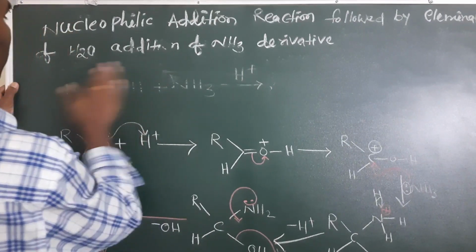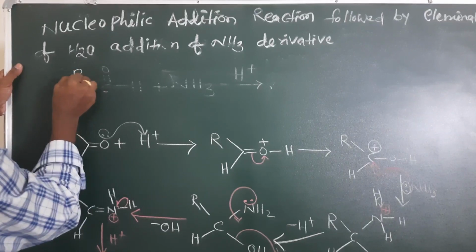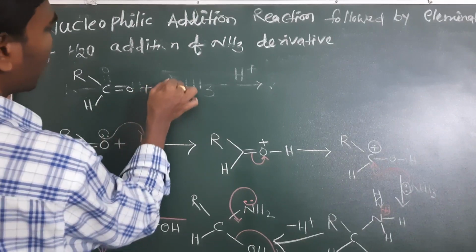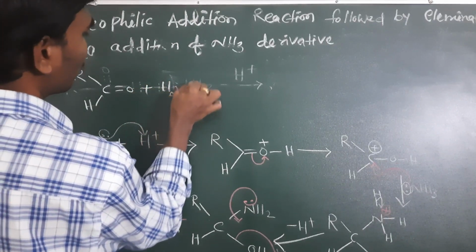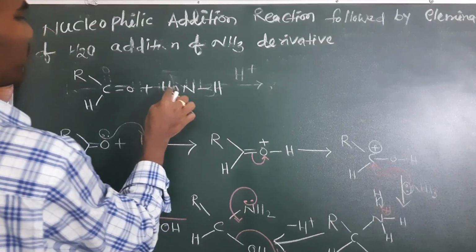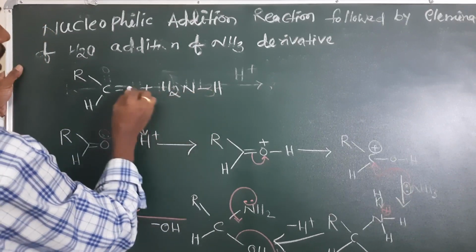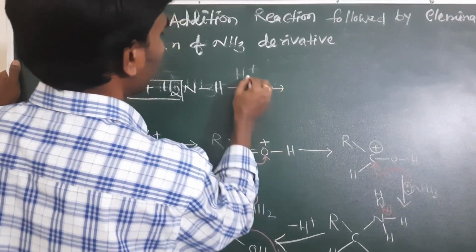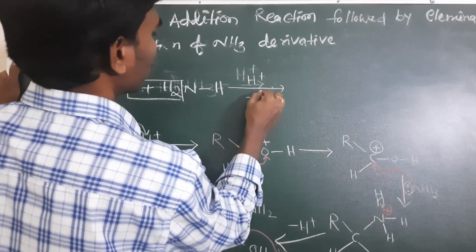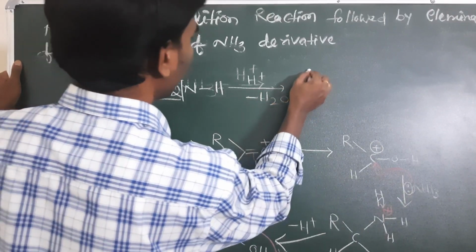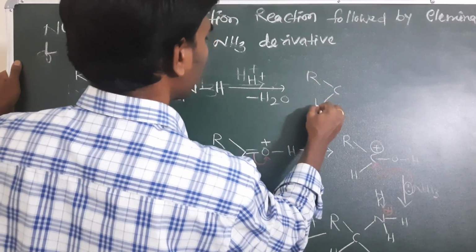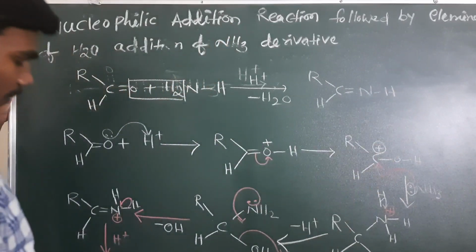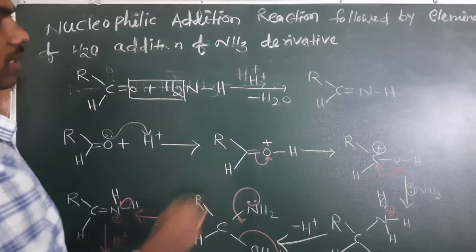I am taking very simply this carbonyl compound, R C double bond O H, plus H2N and H. Ammonia is NH3, so instead of NH3 I am writing H2N and H. If you remove this water molecule, minus H2O, which is completed in presence of H plus, simply we are going to get RCH double bond NH. So the final product is the same, or not? Without mechanism also we can write the product very easily.